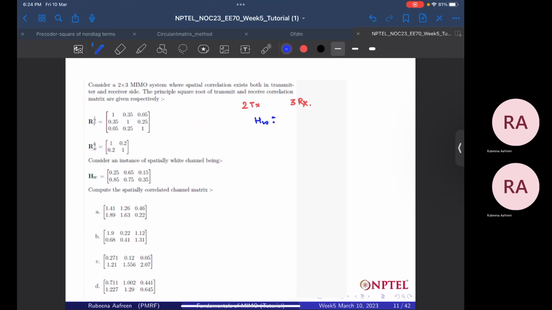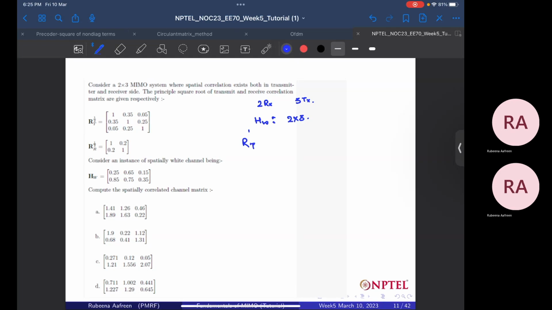It should be MR by MT. The 2 by 3 MIMO means 2 receivers and 3 transmitters. Okay, I'll check it again, but the size of HW is given as 2 by 3.